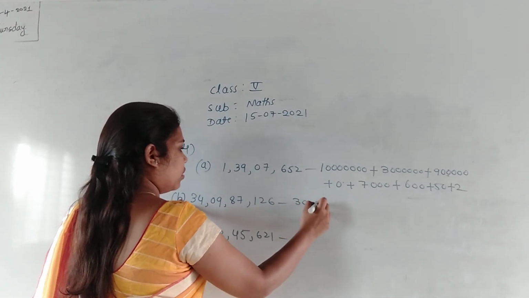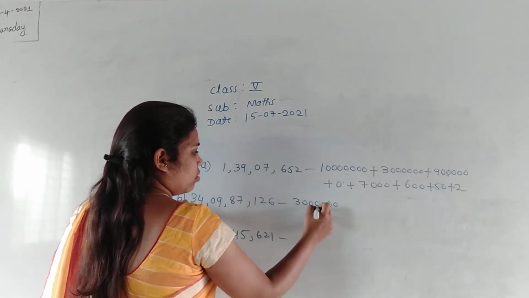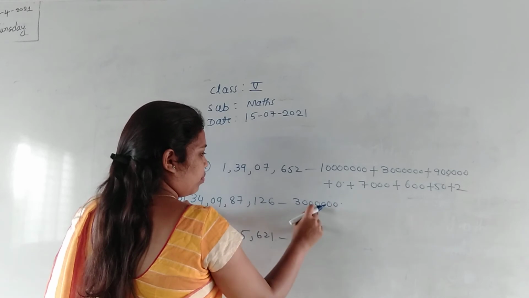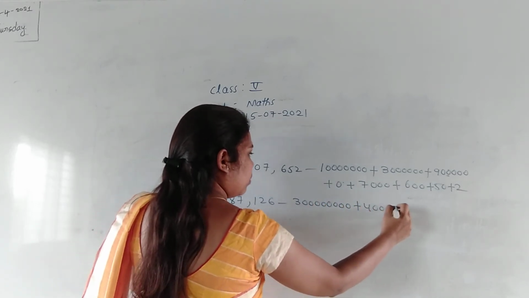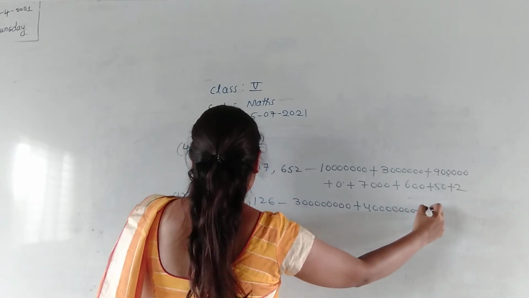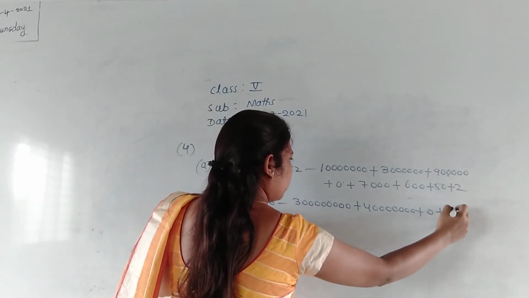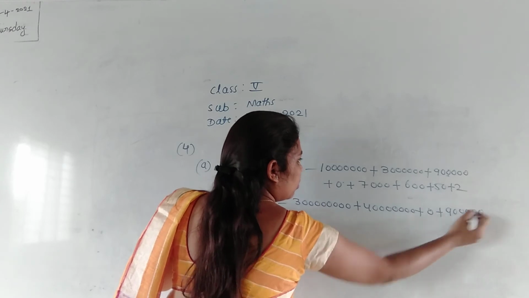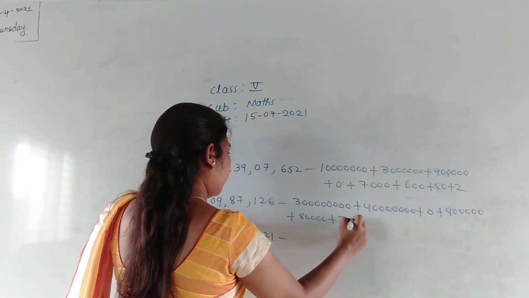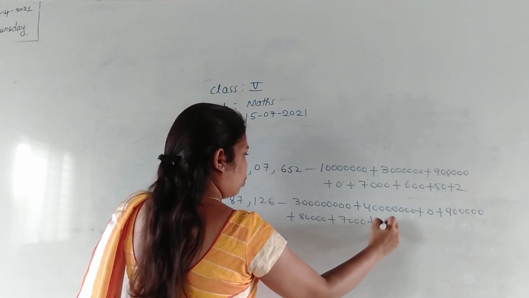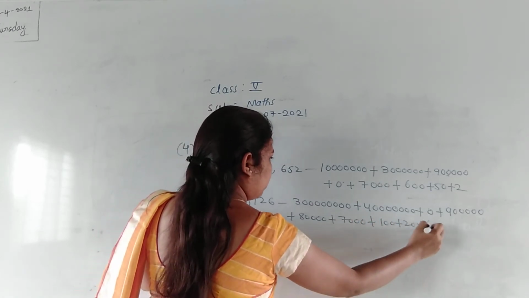So write, everyone. Okay, next 4 crore rupees plus 0 plus 9 lakh plus 80,000 plus 7,000 plus 100 plus 20 plus 6.